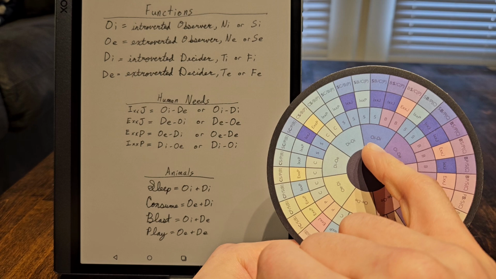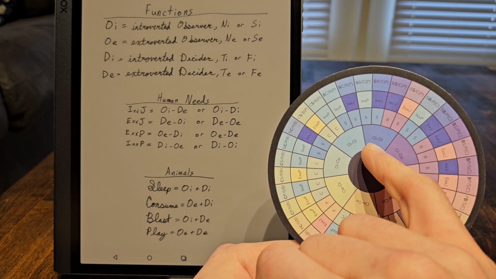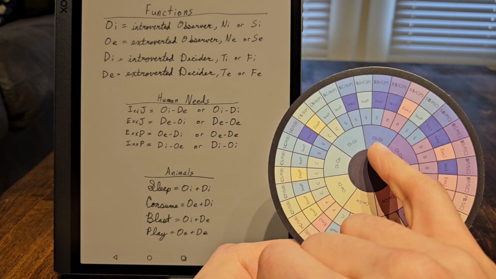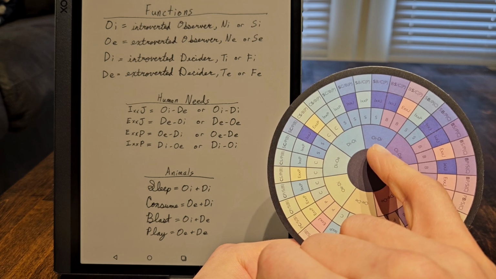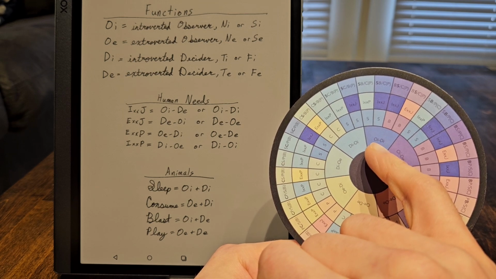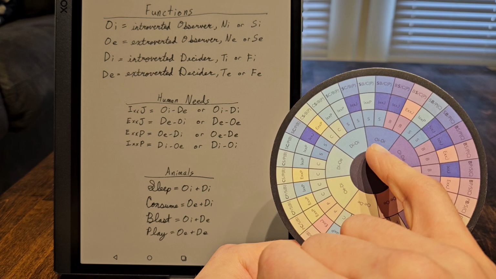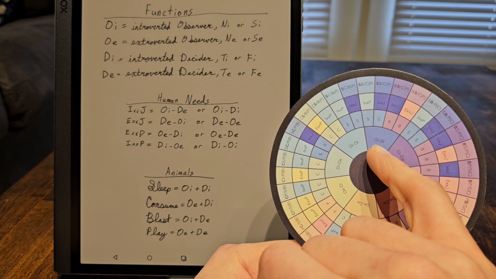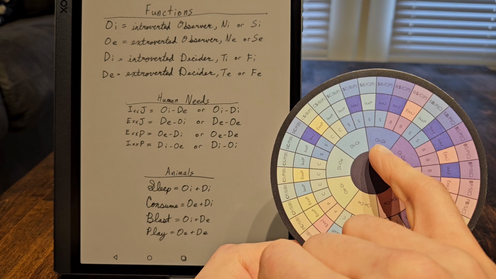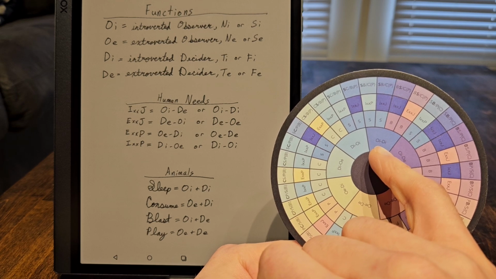It's just a question of if they have SI or NI. And any quadra could be DI. It's just a question of if they have FI or TI. So by writing observer and decider instead of sensing, intuition versus thinking and feeling, we're actually making this more flexible, basically, right?